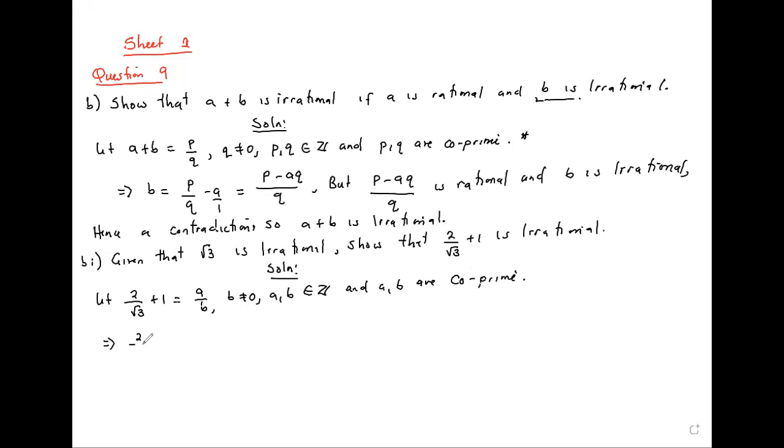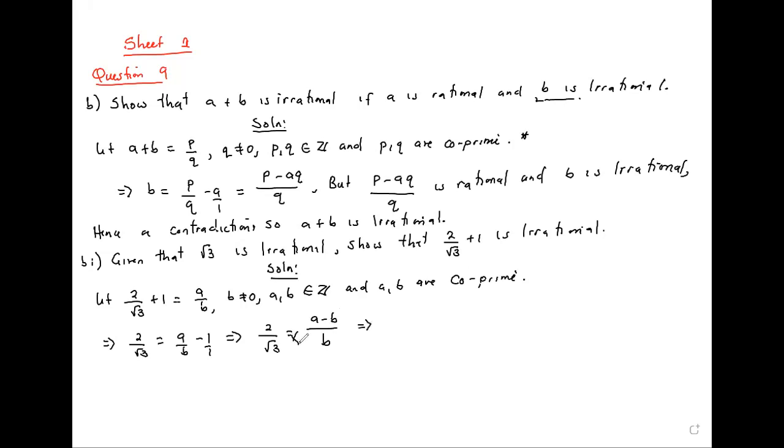So we'll have 2 over root 3 is equal to a over b minus 1. Of course, you can say 1 over 1 there. This is the same as 2 over root 3 is equal to a minus b over b. And then you cross multiply.